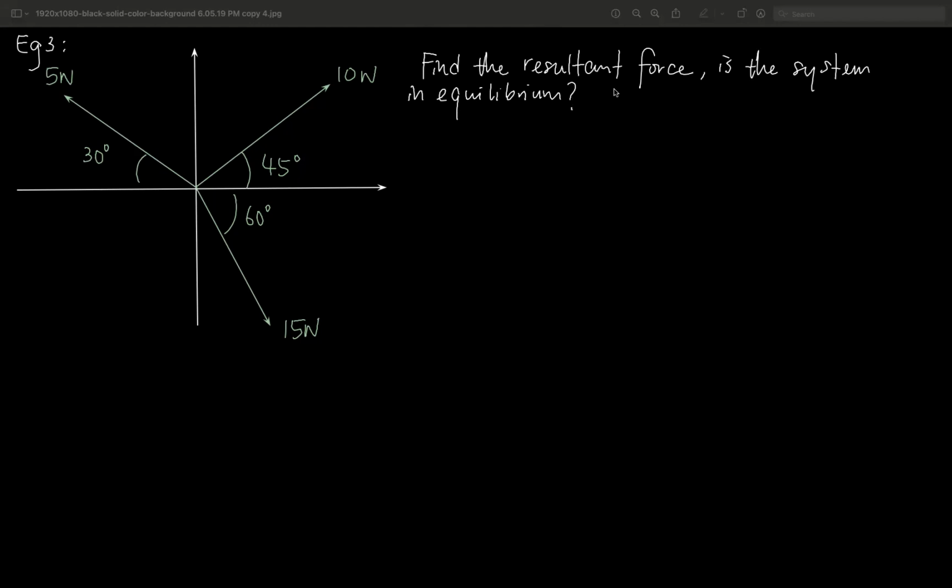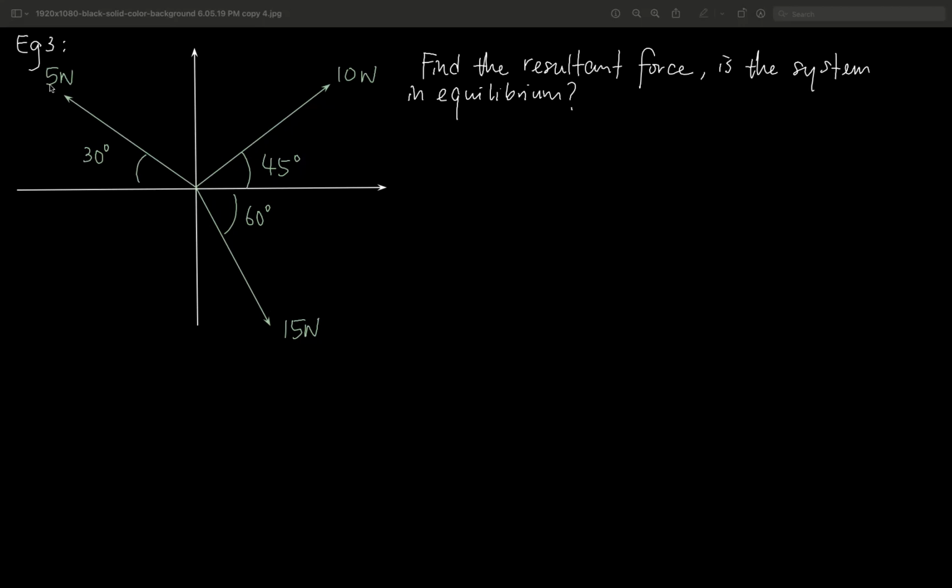Find the resultant force and say whether the system is in equilibrium. We have a body acted on by these 3 forces, and we want to know whether it is in equilibrium or not. Then we are going to use resolution, resolving forces. How many forces to resolve? All of them, because none of them is parallel to the x or y axis.